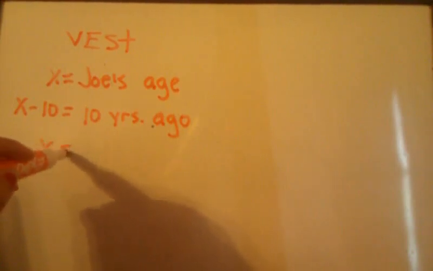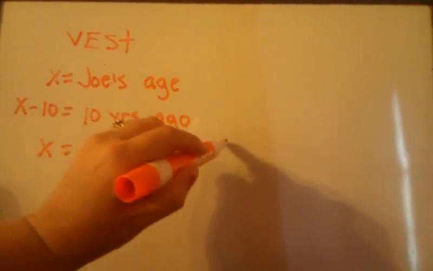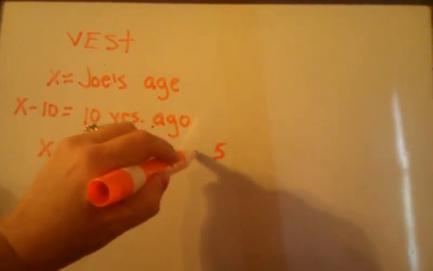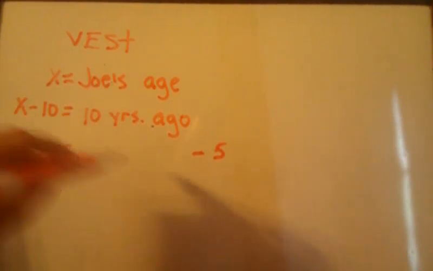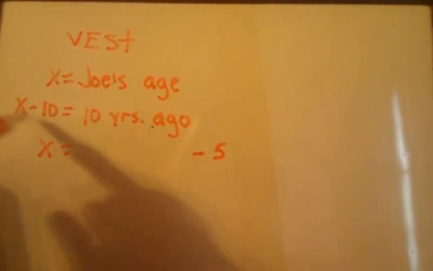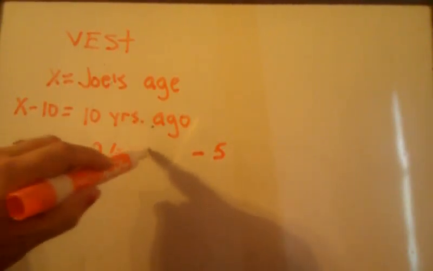Joe's age, that's X, equals 5 less than twice his age 10 years ago, so twice that. So 2 times X minus 10.